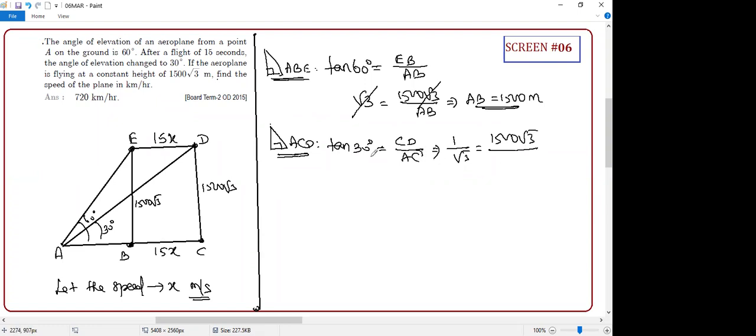And guys, AC is what? 15x plus 1500. Correct or not? Guys, I'm applying the same mantra. If you follow the previous problem, the question only seems different, but literally I'm following the same steps. Agree with me or not, everyone?